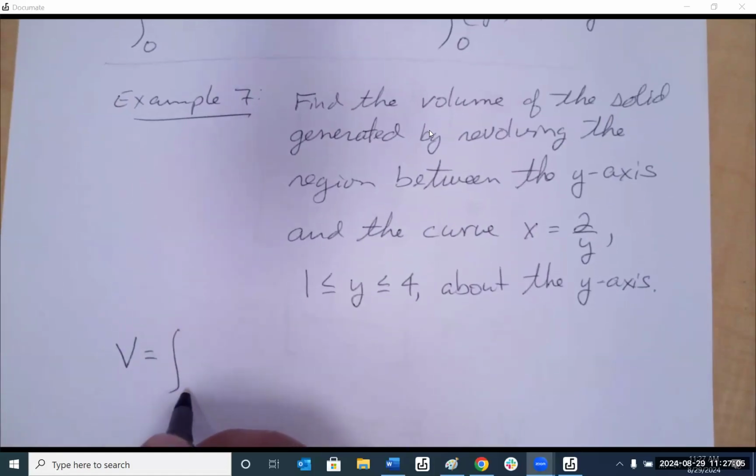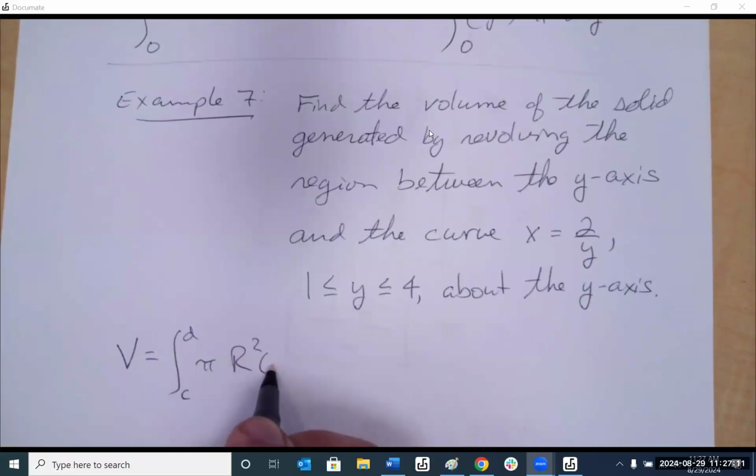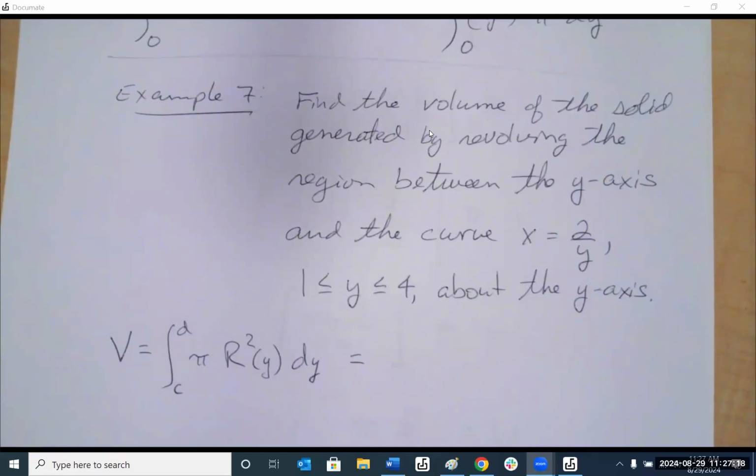So the volume is that, since we're revolving around the y-axis.